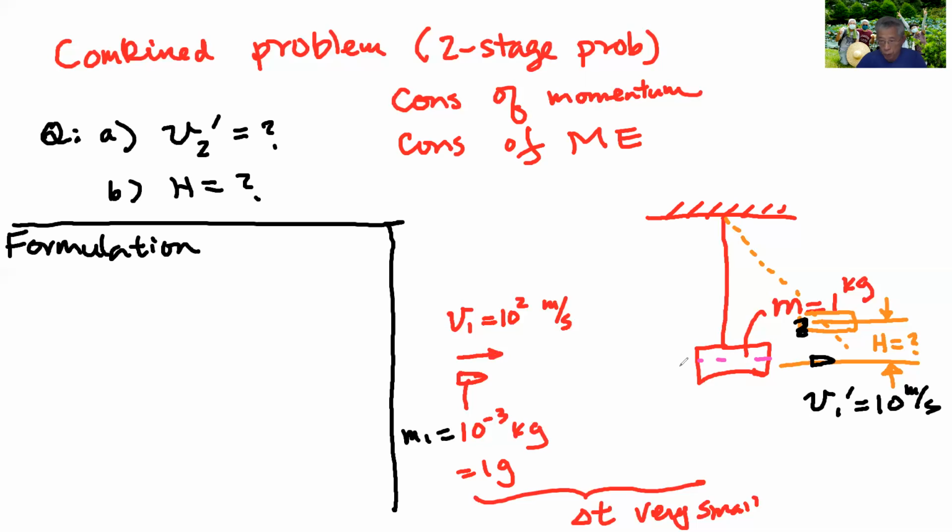So right before, when this bullet is right here, the velocity didn't change. There's no air drag, so the velocity is still v1, equal to this one here. So right before, that's important to realize, it is just v1, and then right after the collision, we have this v1 prime equal to 10.